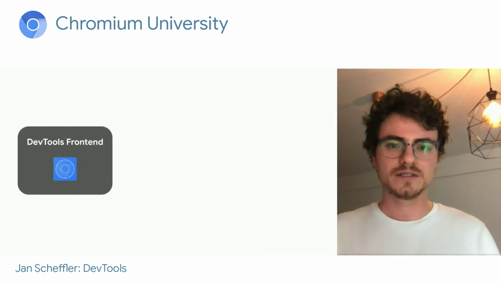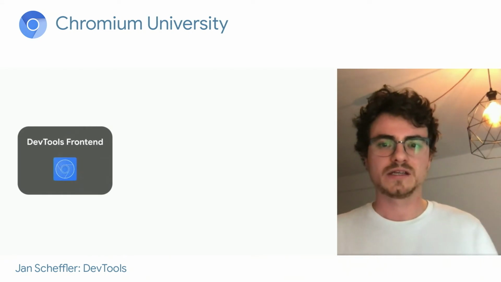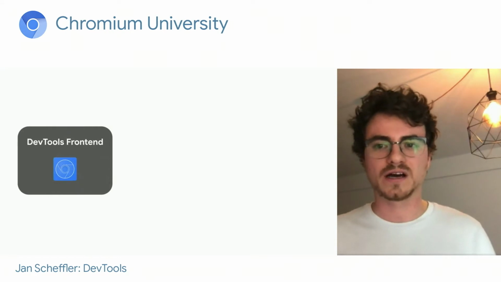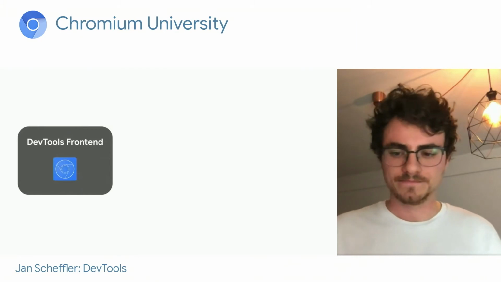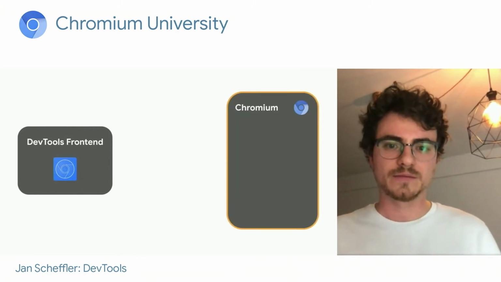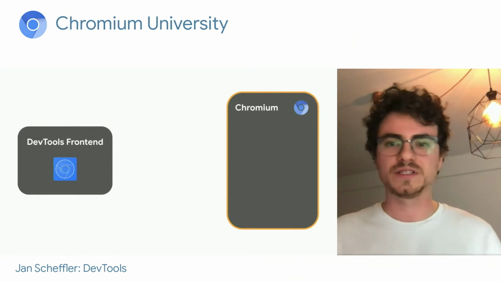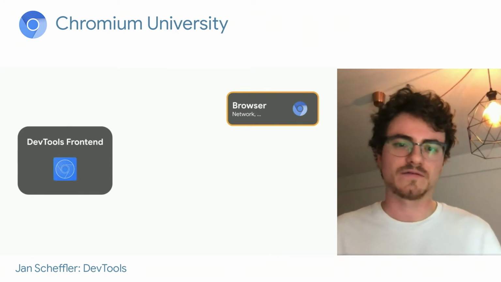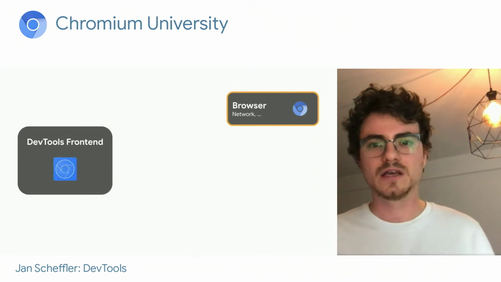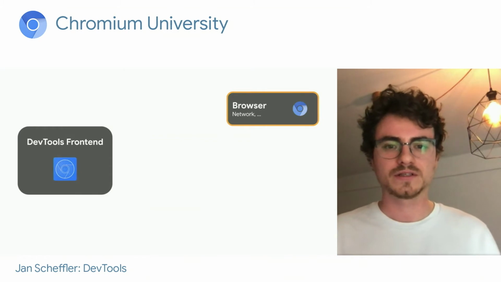Since DevTools is just a normal web app, it has all the same typical parts that you might know from other web applications. I already introduced you to the front end, and you might have guessed it already: Chromium itself is our backend. But that's not the whole picture, because technically speaking, we have several different backends that live in multiple different processes.